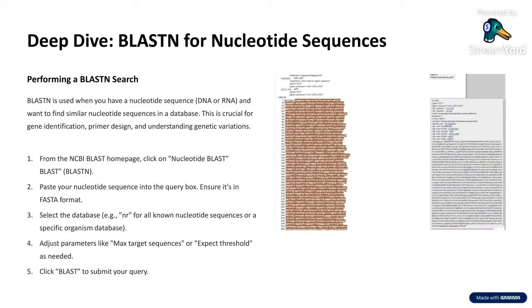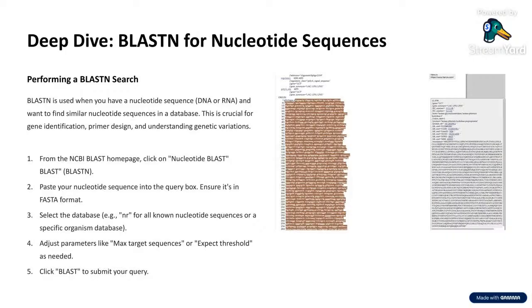Next, in this slide you see BLASTN for nucleotide sequences. Let's talk about the nucleotide sequence. Suppose you have a sequence or a new DNA fragment from a soil microbe, or any DNA from plant, animal, or marine, and want to find out what it is.